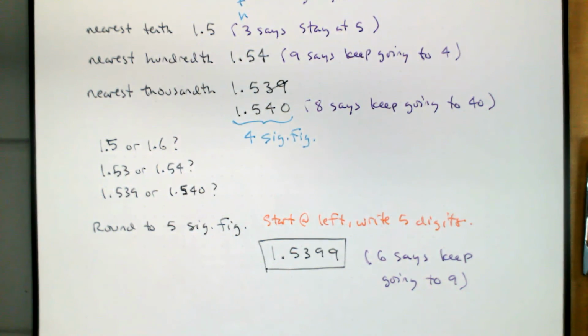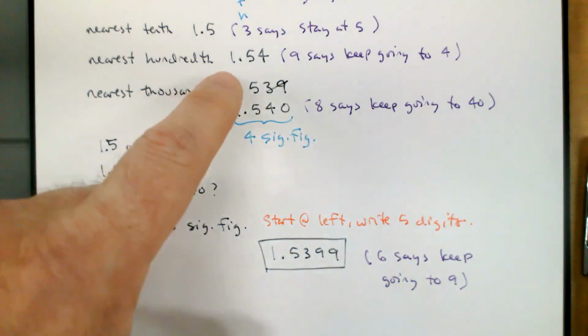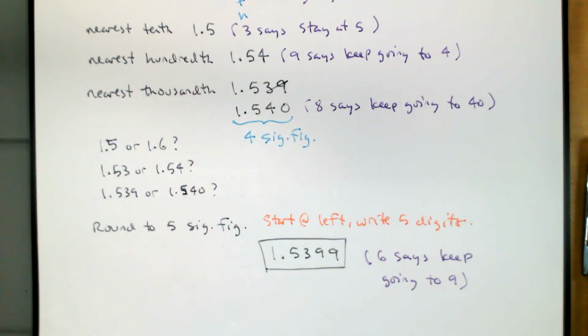Anyway, any questions? Note that when I say round to the nearest 100th, if the answer was 1.54, that is the only thing that I'm accepting. Because I want you to round properly. If you put too much, if you put 1.540, that's going to be marked wrong. That's going too far.